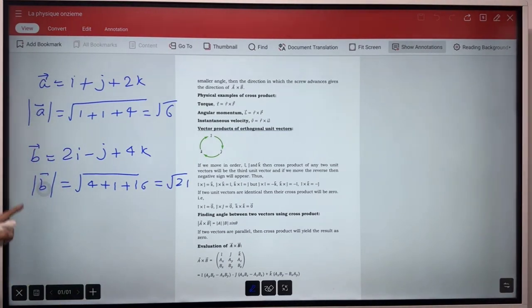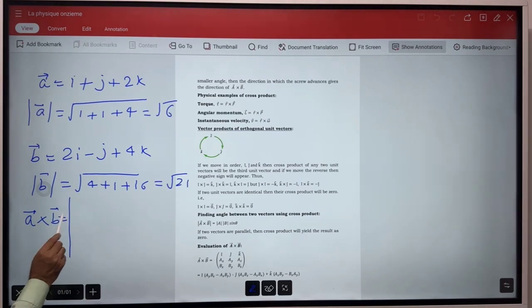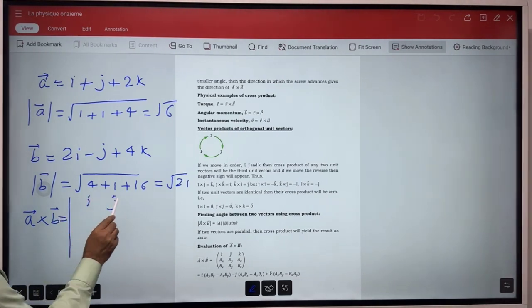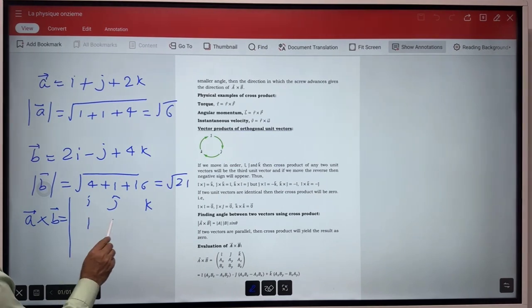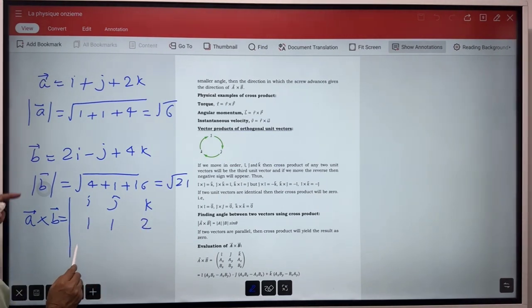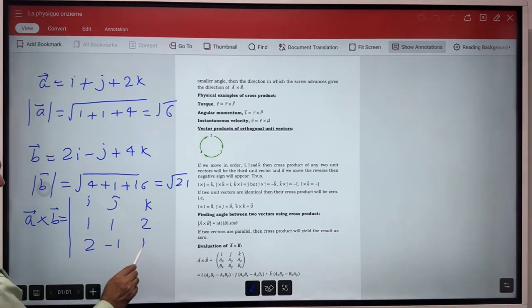You have got modulus A and modulus B. Now the thing left is to find A cross B. Let's write the values I, J, K, then the coefficients 1, 1, 2, then 2, minus 1 and 4.